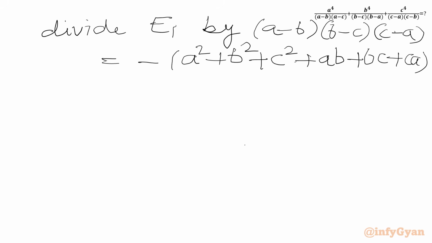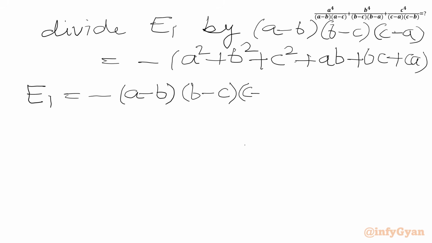So I can write E1 will be equal to minus of A minus B times B minus C times C minus A times A square plus B square plus C square plus AB plus BC plus CA.